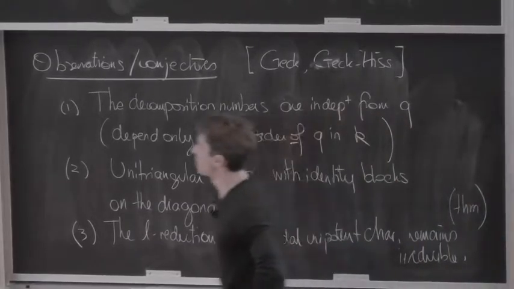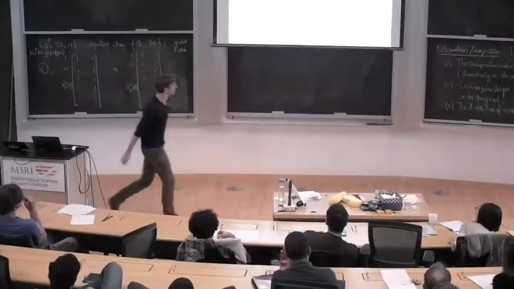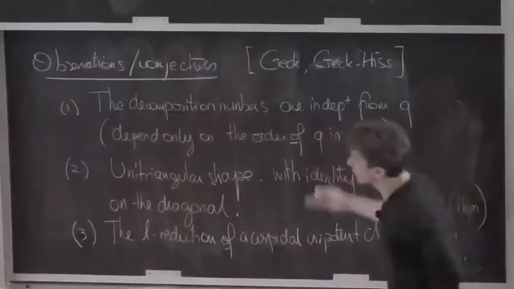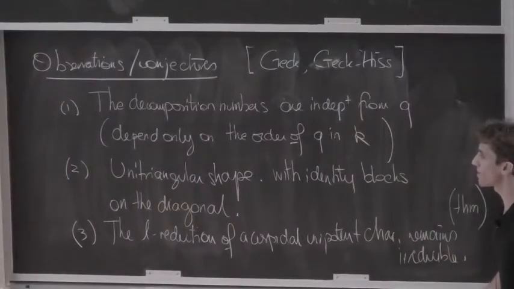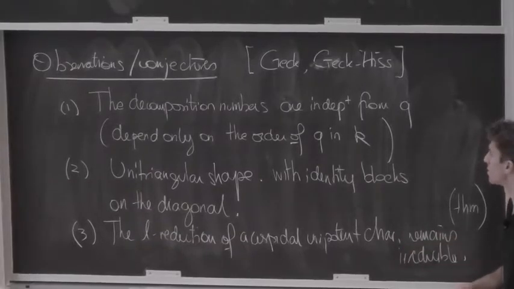Okay, so let me go back to the example of Sp4. The first part, is it only for the square matrix, or for these numbers? No, it would also hold. I mean, the parametrization of the non-unipotent characters will somehow depend on q.